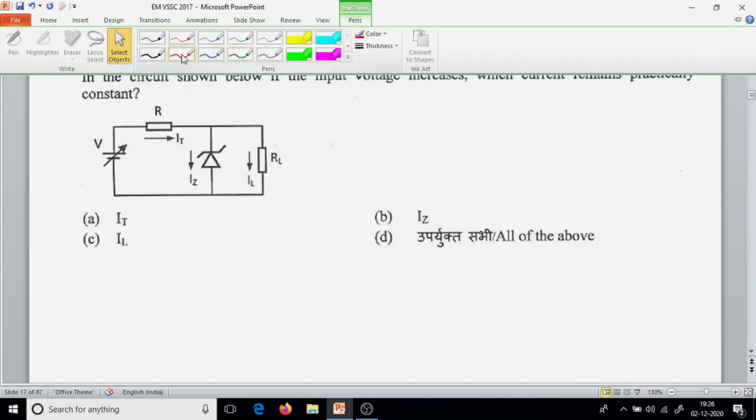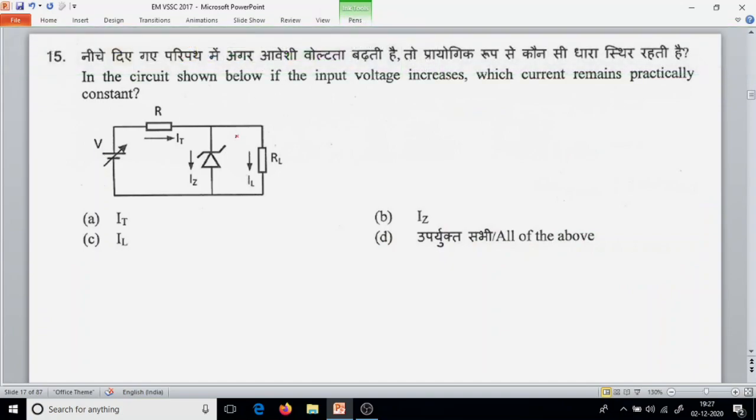Question number 15. In the circuit shown below, if the input voltage increases, what happens? The current flowing through this resistor will increase. I increases, IT total will keep on increasing. Which current remains practically constant? Because the load is fixed.